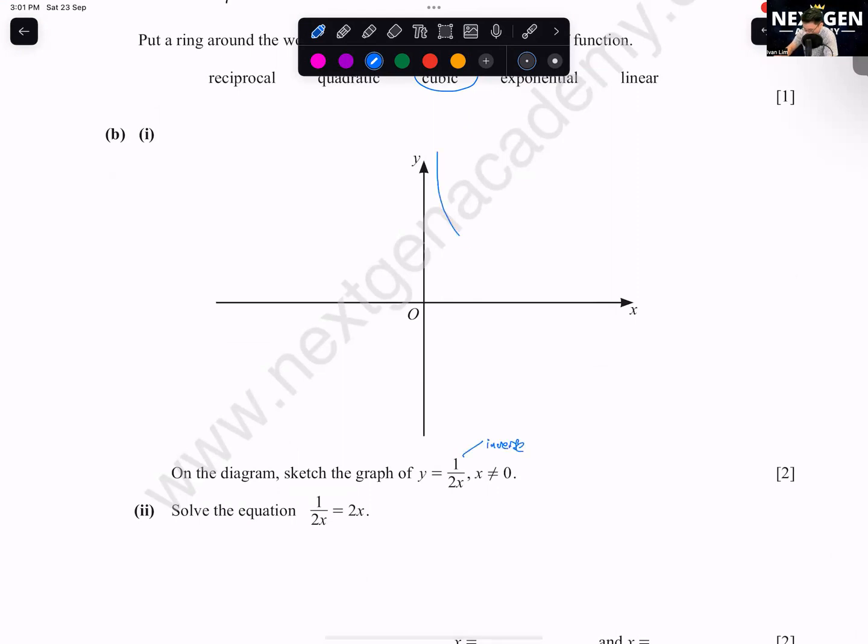So your graph will be like this. You have to draw it properly. When you bend it also, bend it properly. Like this. This is a y equals 1 over 2x graph. They want you to solve the equation.